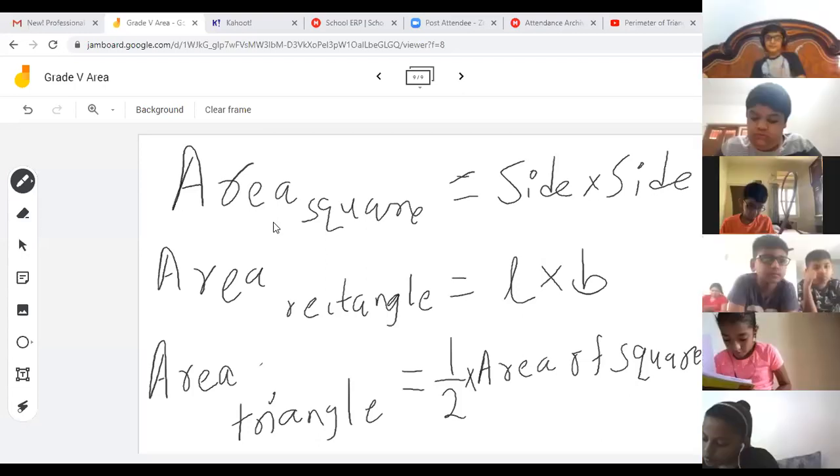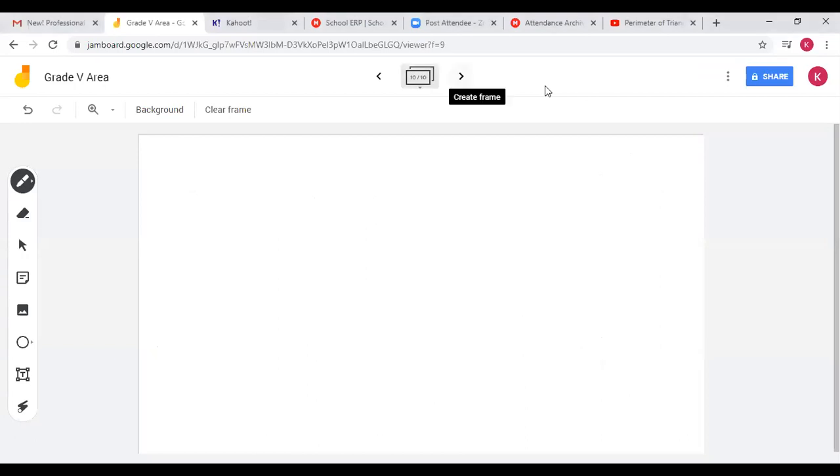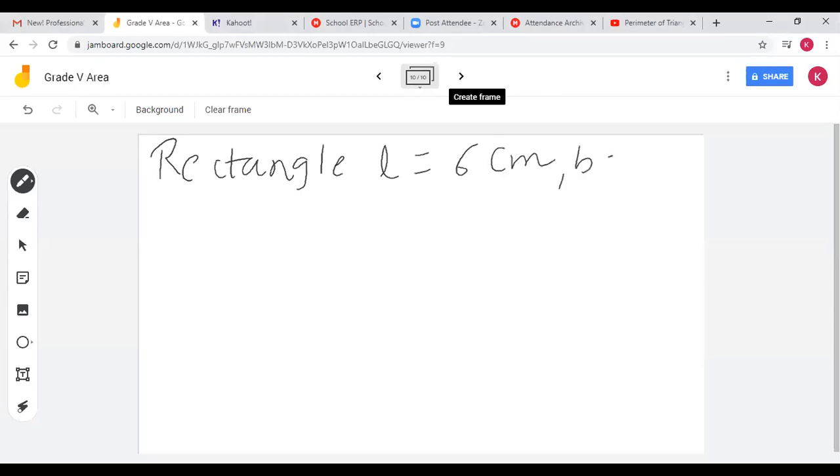All right, everyone. Now let's do some examples. Example number 1: for a rectangle, length is equal to 6 centimeter and breadth is equal to 5 centimeter.